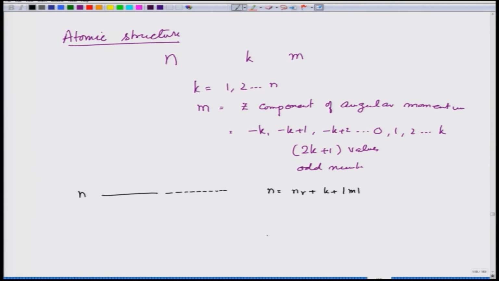What happens now if I apply a magnetic field B, according to different m's that represent Lz? I can take the direction in which I have applied the magnetic field to be z. I am going to have different energies, so all these levels are going to split. Let us see what happens.